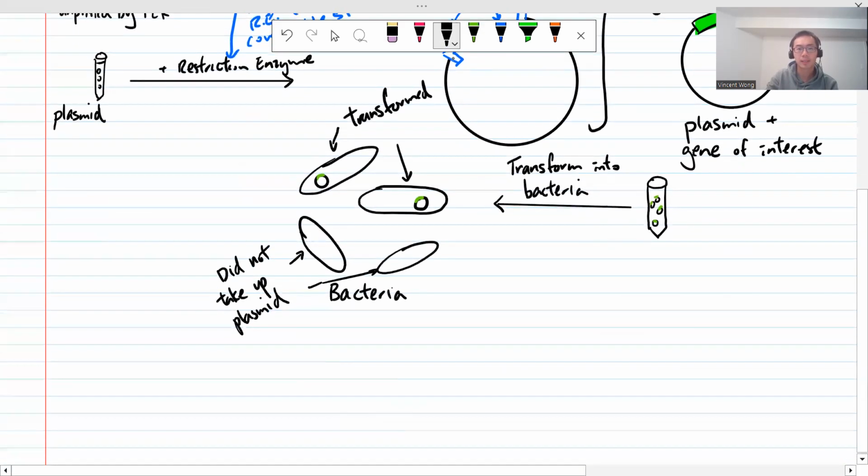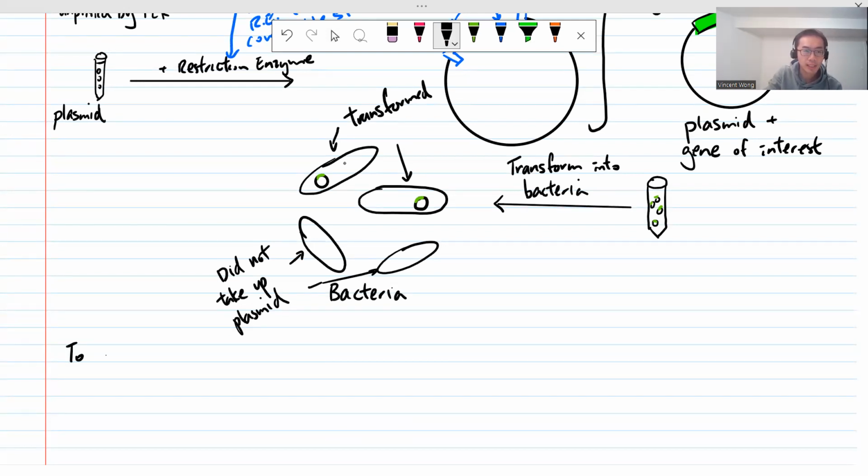All right. But you can tell just by looking at it, they look the same. And then you're going to grow them on a plate, and then you're going to see whether they grow or not. Okay. So to distinguish which bacteria have accepted, have been transformed in.